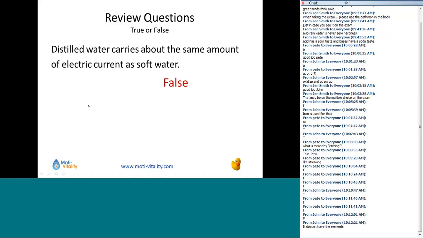It does not have total dissolved solids in it, as opposed to softened water, which does. Softened water, you've taken out the calcium, but you've replaced it with sodium. So you have the equivalent of sodium as you had in calcium, the equivalent weights. So actually, the TDS is usually slightly higher after a water softener because of the equivalent weight.